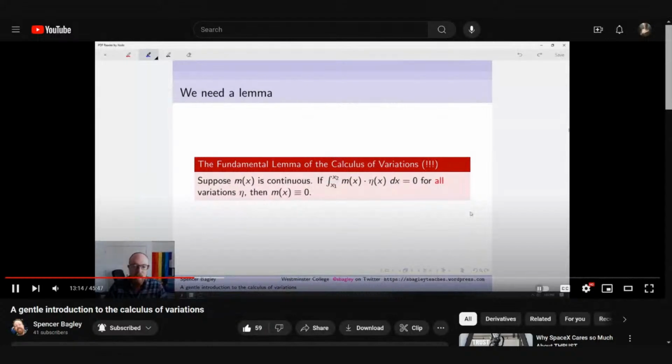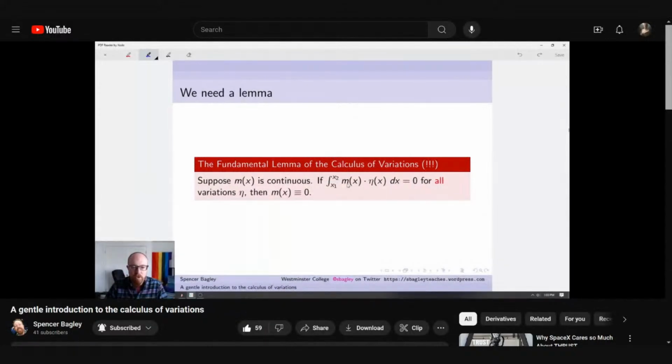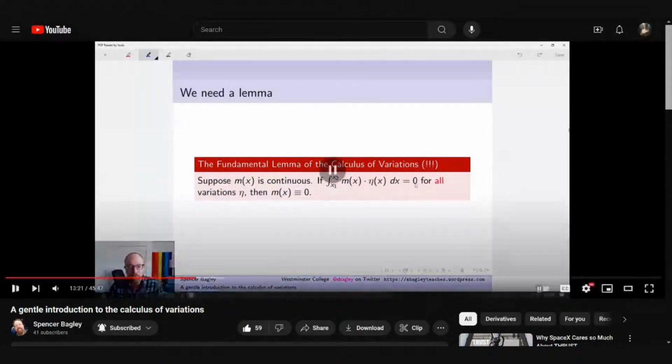Here's what it says. If you integrate a continuous function against a variation and you get 0. What do you mean against a variation? It looks like you're integrating the product of a function with a variation.